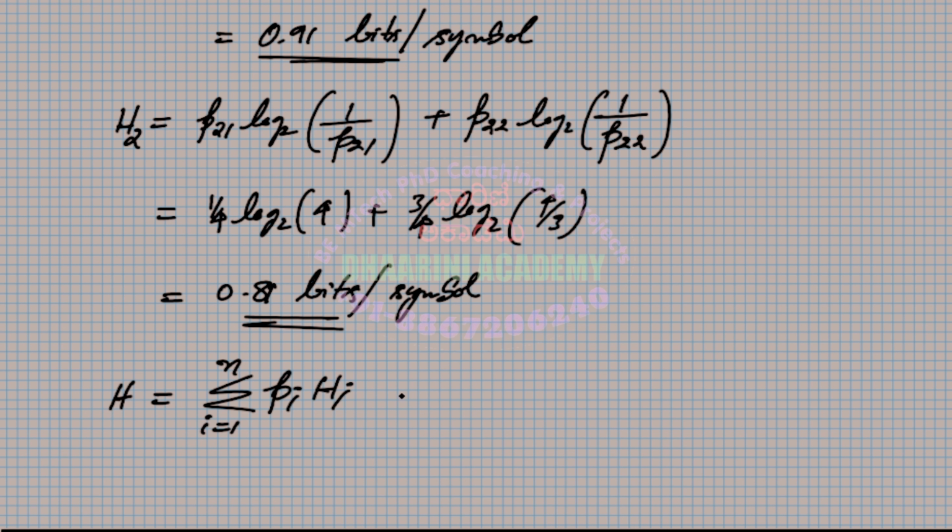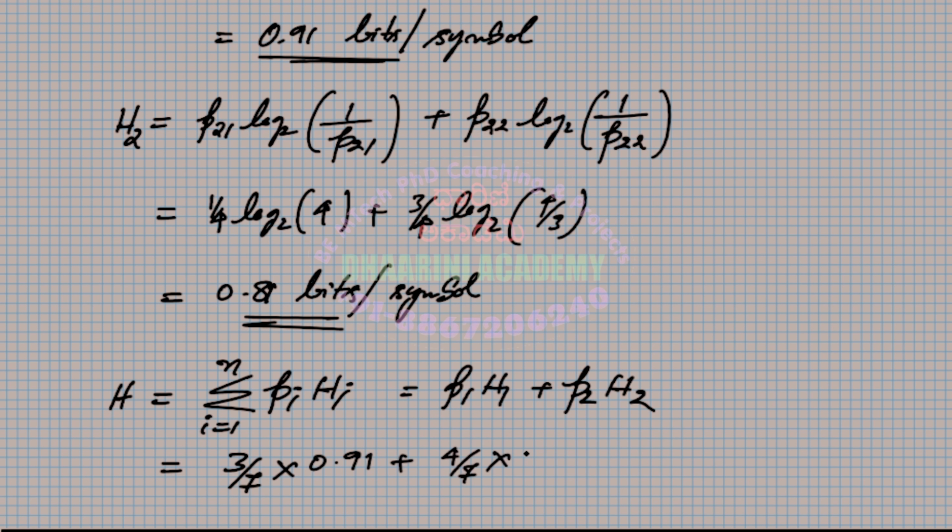So in this case, it should be P1 H1 plus P2 H2. All right. So the probability of the first state, we calculated that as 3 by 7 into H1, just now calculated 0.91, plus the second state has a probability 4 by 7 into H value, entropy 0.81.